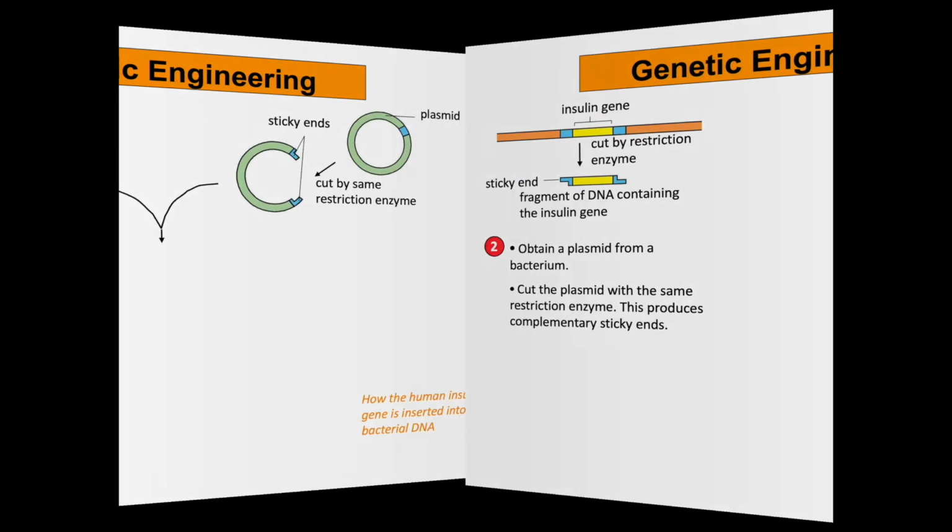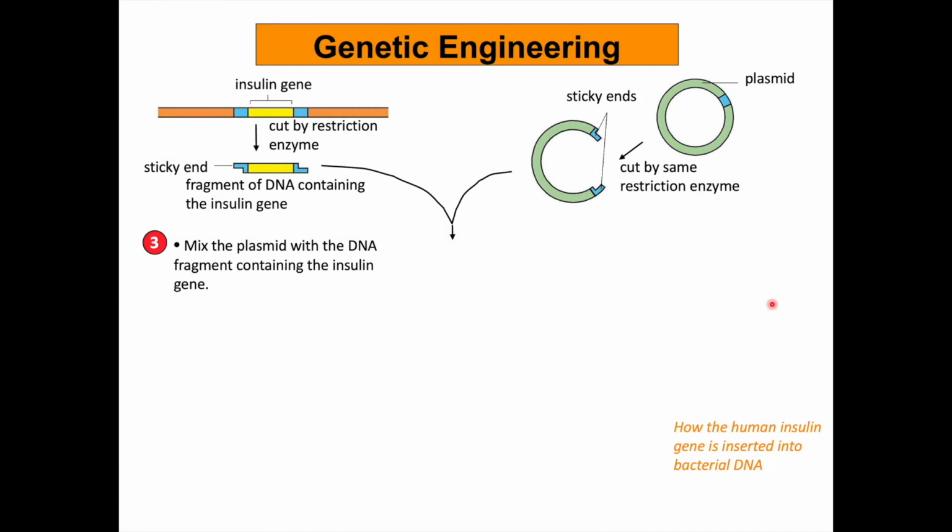After that, this needs to be mixed, or they have to be combined. So mix the plasmid with the DNA fragment containing the insulin gene.